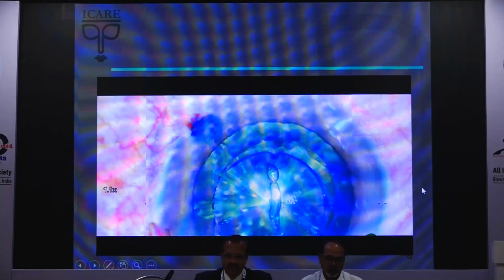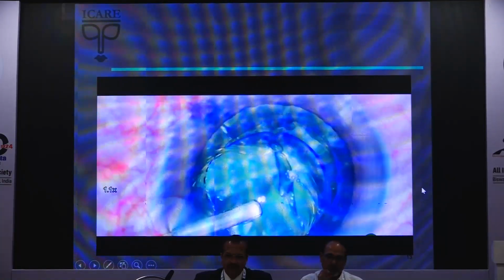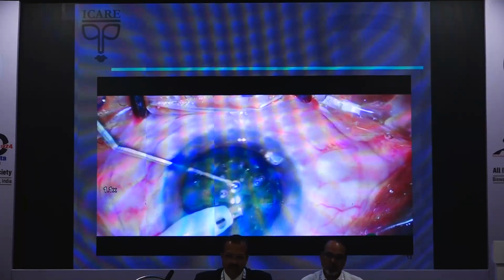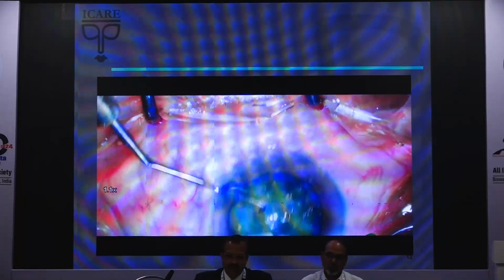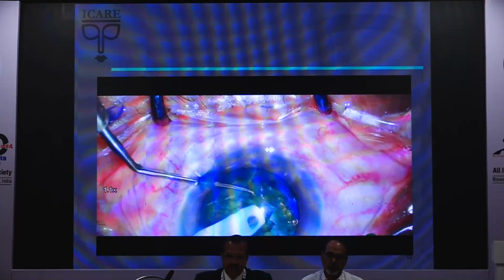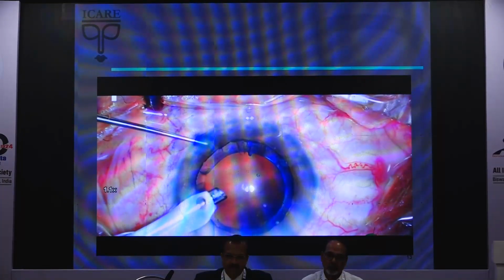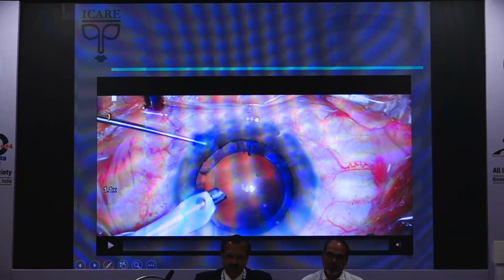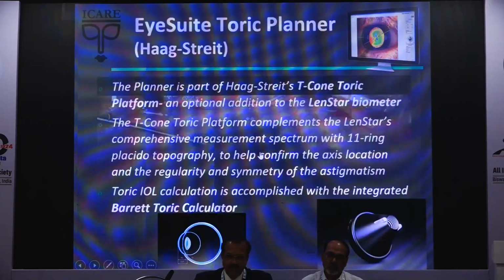There is a small video clip. This is provided by the company, although we have marked the incision. This is where the mark is present on the anterior capsule, and it is aligned to it.